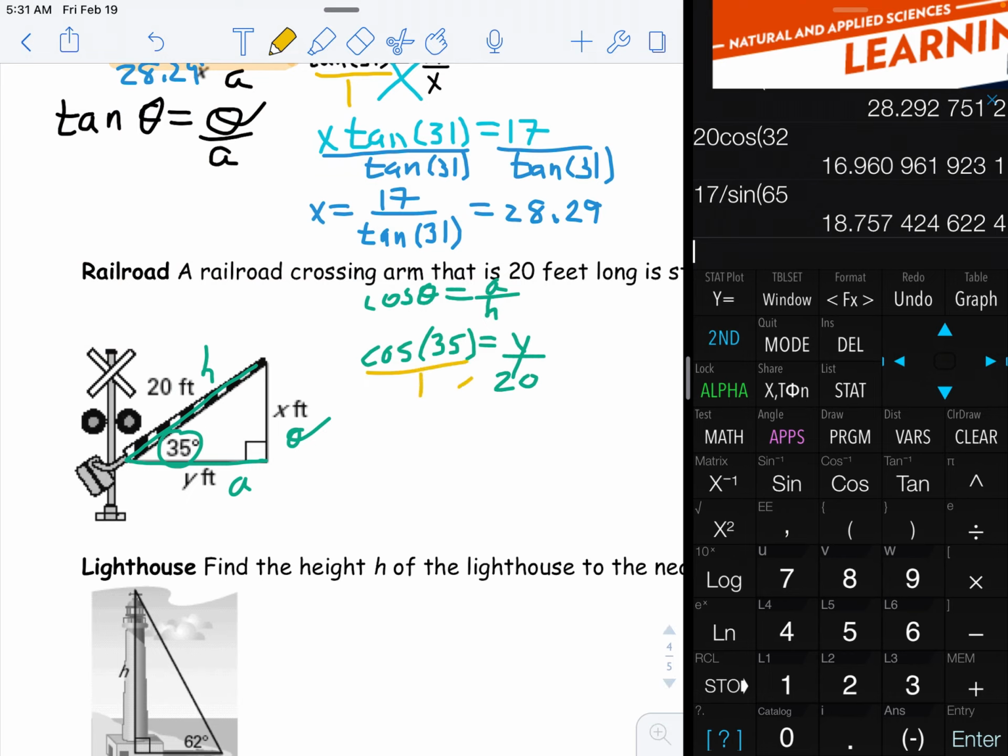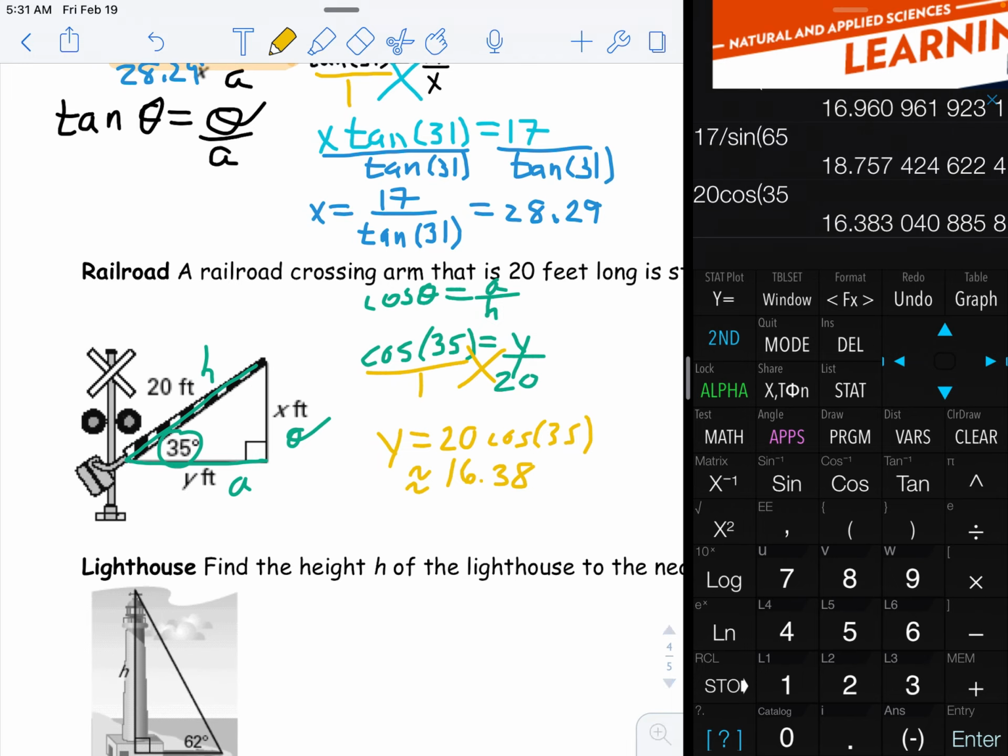All right, cross multiply, we get y equals 20 cosine 35. Plug that in your calculator, and it's going to be about 16.38.